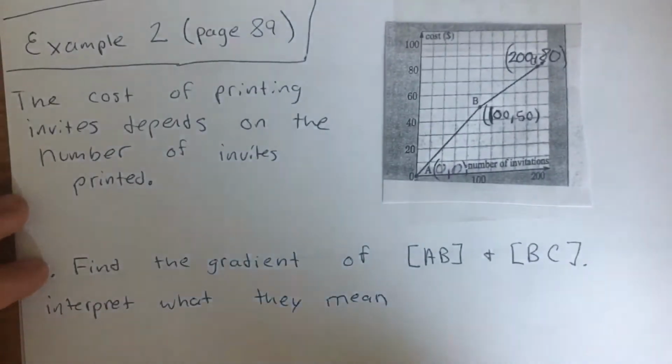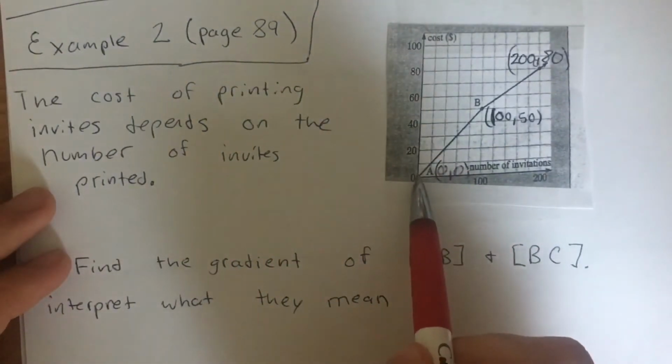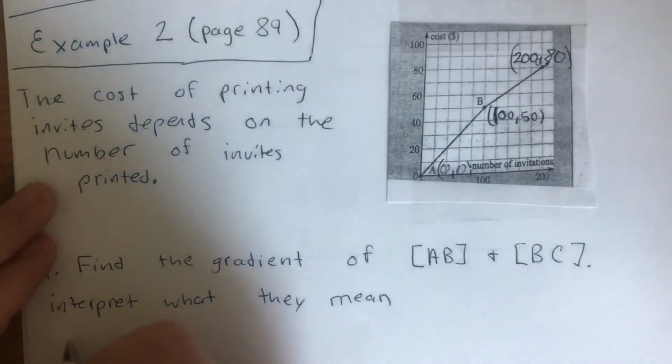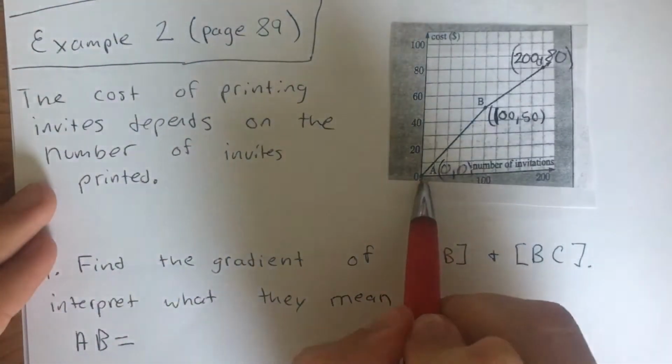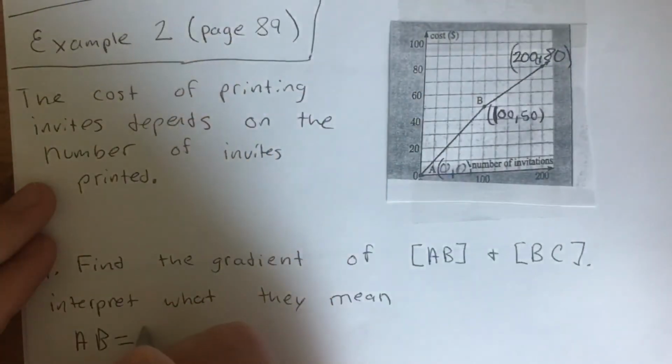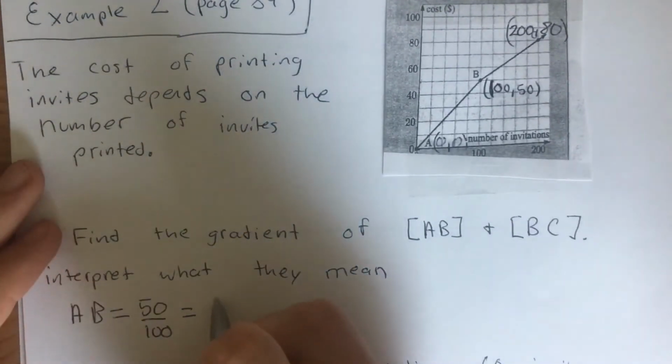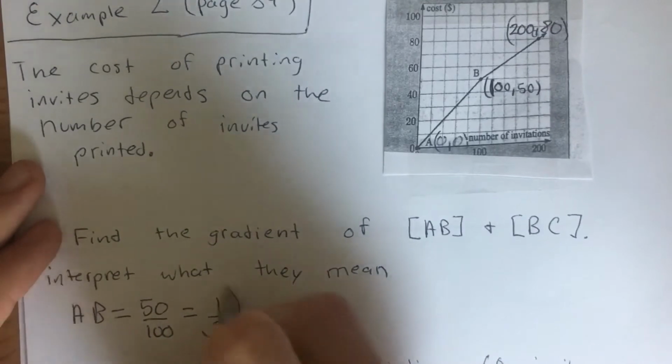I'm going to stray away from the equation since we have a graph here. For AB, we go up 50 over 100, which we can reduce to 1/2.